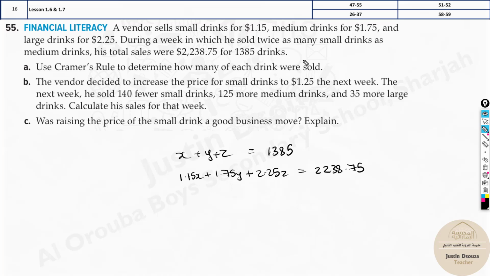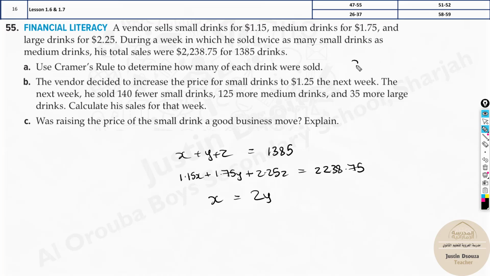Lastly, they have told he sold twice as many small drinks as medium drinks. So if you're considering small drinks, it'll be 2 times medium drinks, or 2 times y. Generally, students get confused with x is equal to 2y or 2x is equal to y. So let's look over here. He sold twice as many small drinks as medium drinks.